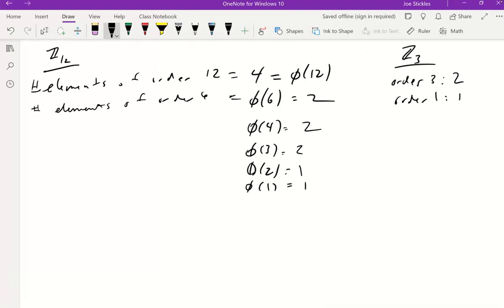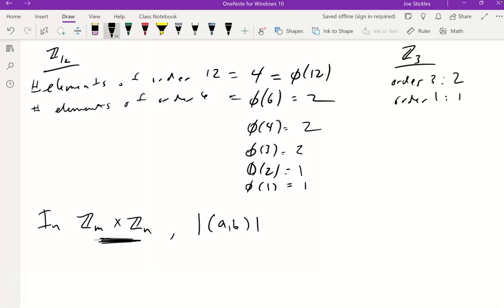Remember, when you're in a direct product, I can do this in any direct product, but if I want to find the order of an element in a direct product, and again, it doesn't have to be Zm cross Zn, but that's what we're talking about right now.